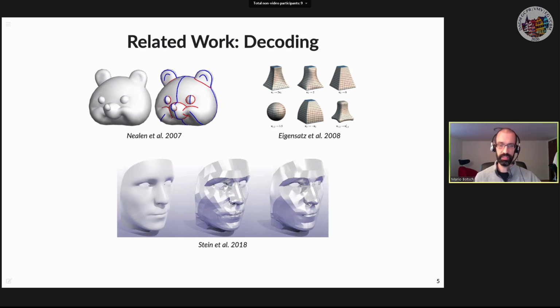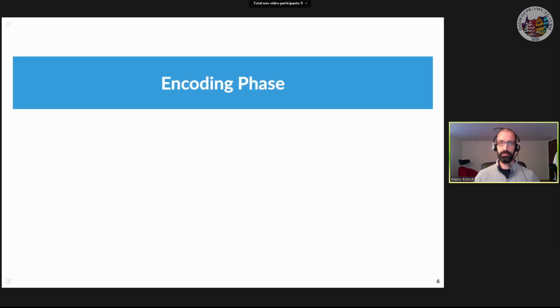And finally, for developable surfaces, there's a nice paper on discrete developability by Stein and colleagues from 2018. Those are basically also our ingredients for the decoding phase. Now, let me first talk you through the encoding and then through the decoding before I show you results.